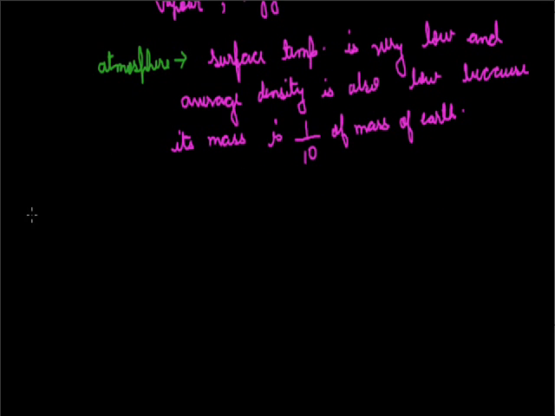Mars has two natural satellites also, namely Phobos and Deimos.